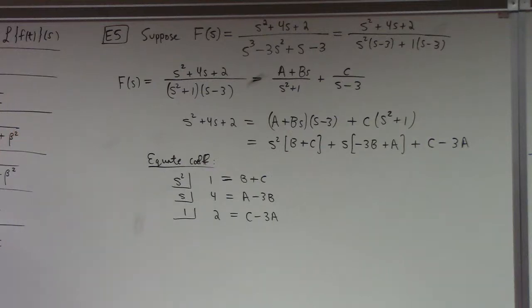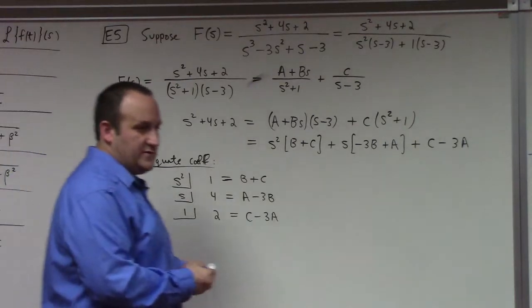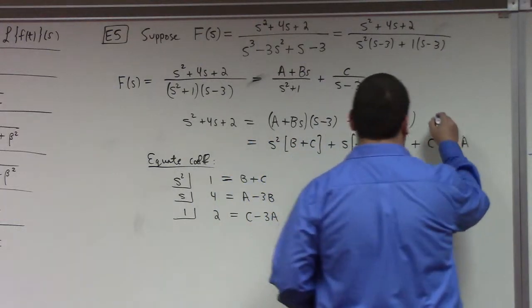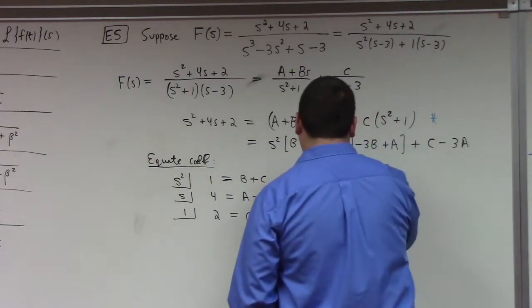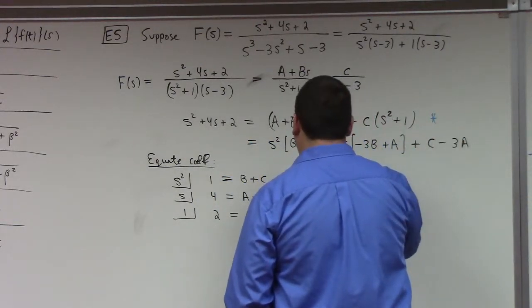Now, you can use our previous method to get another very easy equation which will make life easier. What's immediately obvious if you go back to star? Set s equal to what?